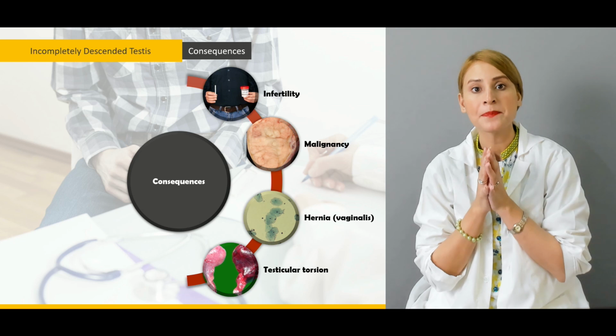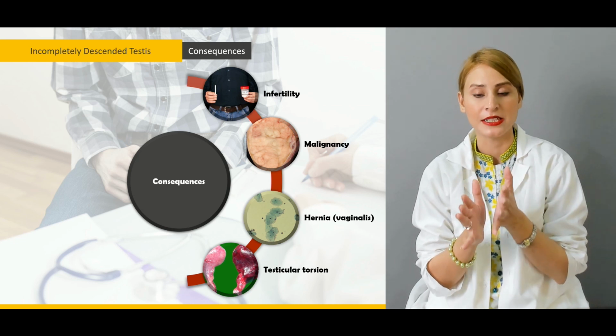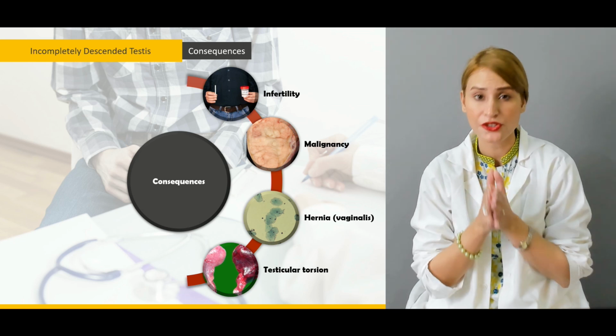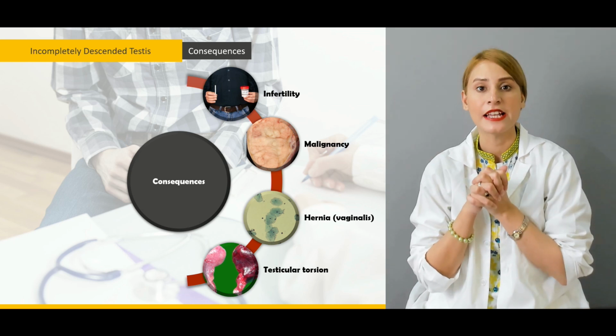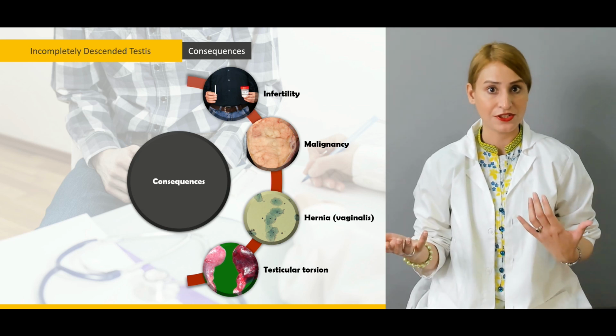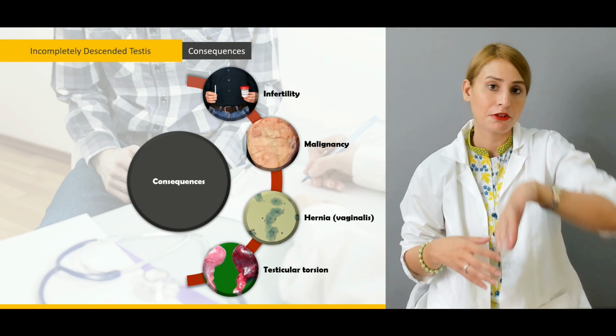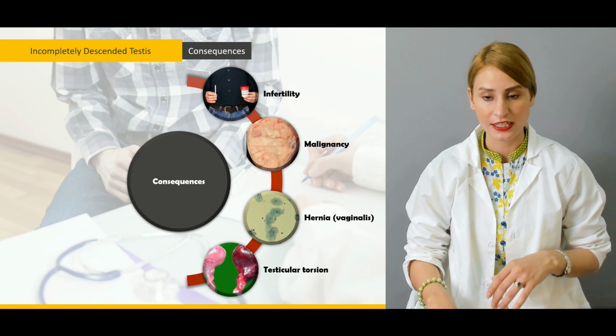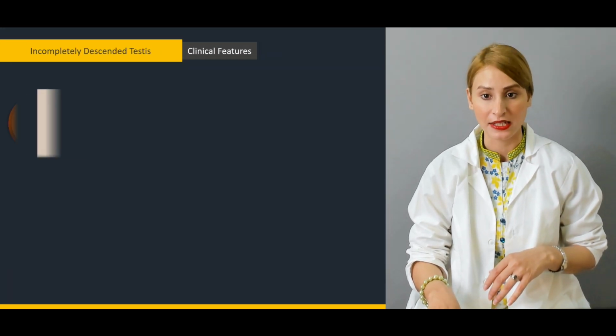So that's why surgery for the undescended testes should be at an earlier age, before 2 years, to decrease the risk of infertility and to decrease the risk of malignancy as well.